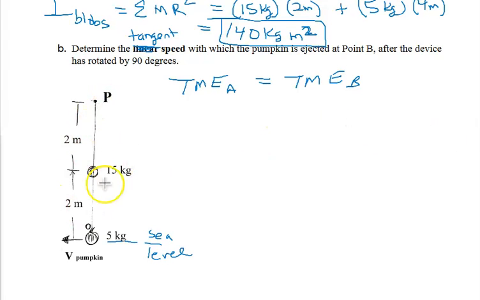You can find the center of mass of this 15.5 kilogram, and then you're only calculating the MGH of the single point. So it would be somewhere closer to the 15. Or we can say I have an MGH for the 15 and an MGH for the 5.